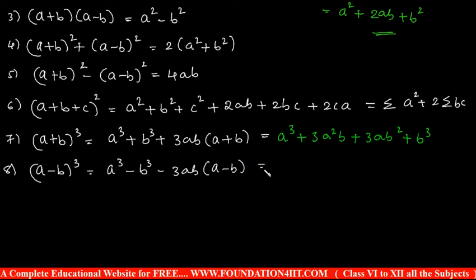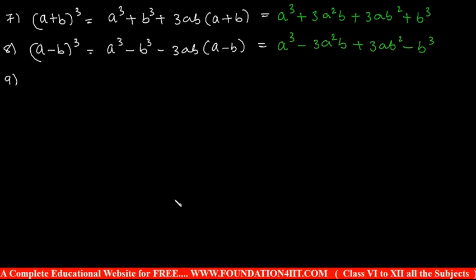If you simplify, you get alternate signs: first a cube is plus, next minus 3a square b plus 3ab square minus b cube. So these are formulas 7 and 8, for a plus b whole cube and a minus b whole cube.